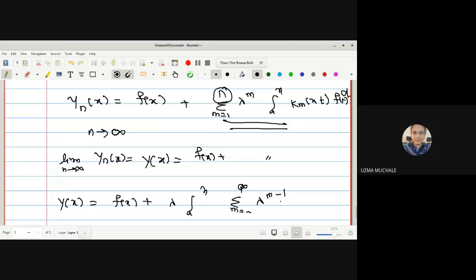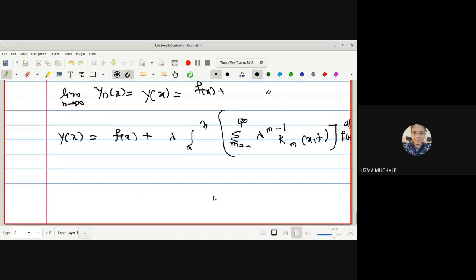Since I have to write this in the form of a standard equation, into f of t dt. Now whatever bracket we see here, we will name it r of x, t, lambda, which is equal to summation m runs from 1 to infinity, lambda raised to m minus 1, k_m of x t.